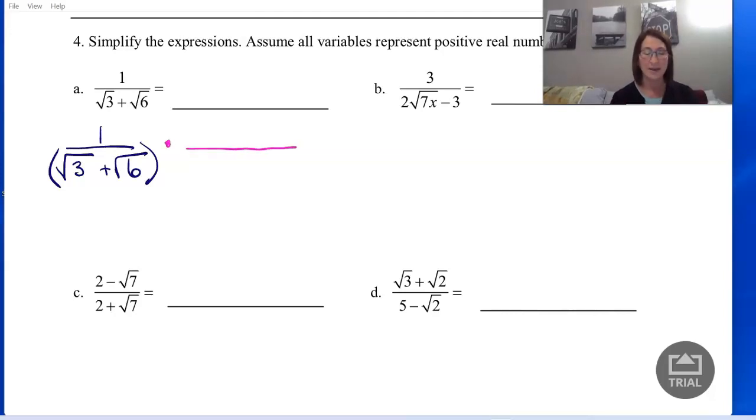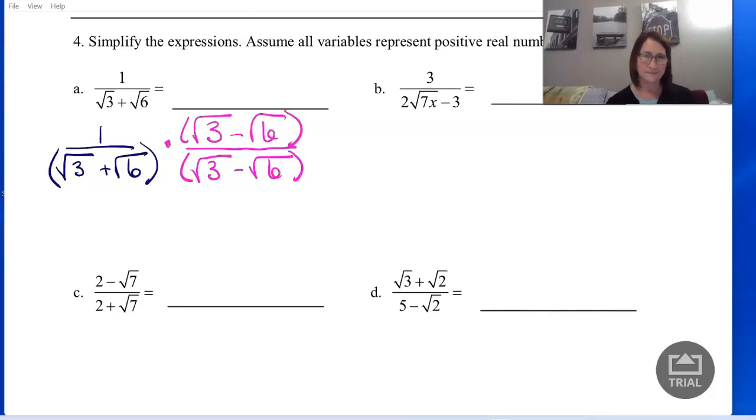Now I'm going to multiply by its conjugate, the square root of 3 minus the square root of 6. But just like we were doing before, if I multiply that denominator by something, I have to multiply the numerator by exactly the same thing. Okay, so in the denominator, I'm going to have 3 minus 6. In the numerator, I've just got the square root of 3 minus the square root of 6, because there would be that quantity times this one.